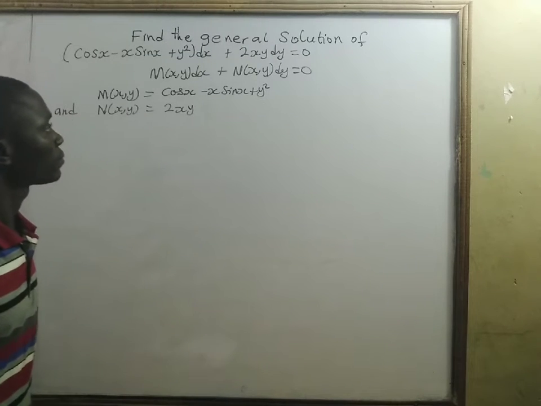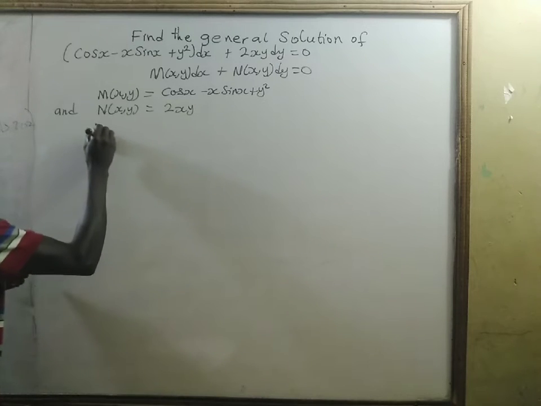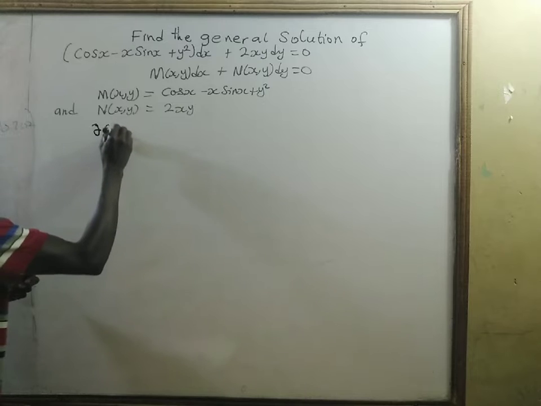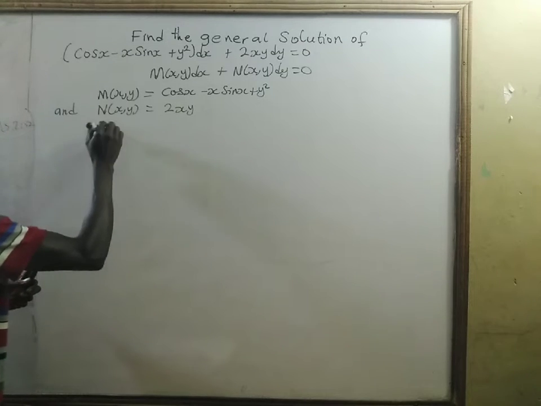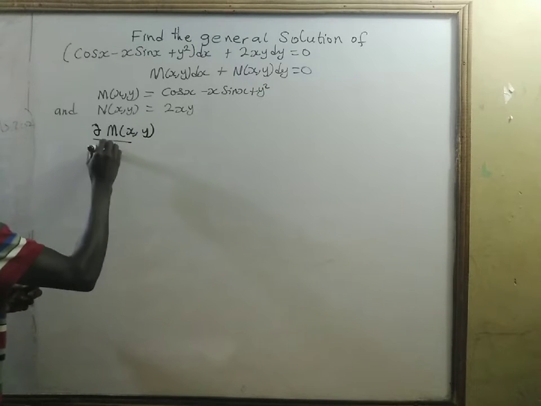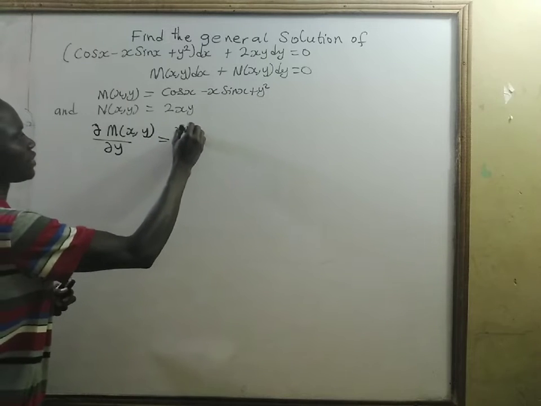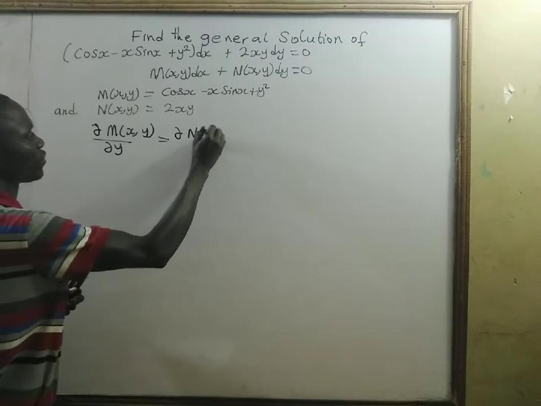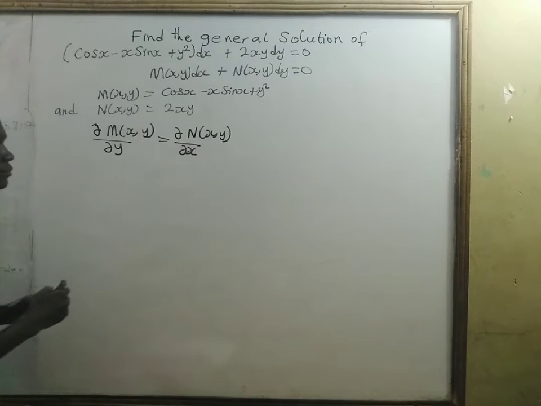Now, we check whether the partial derivative of M(x,y) with respect to y is equal to the partial derivative of N(x,y) with respect to x.